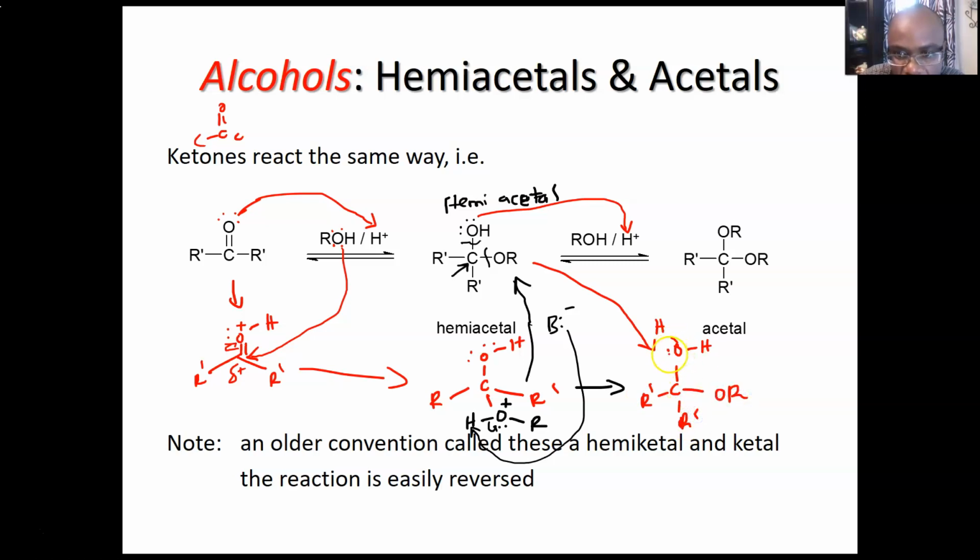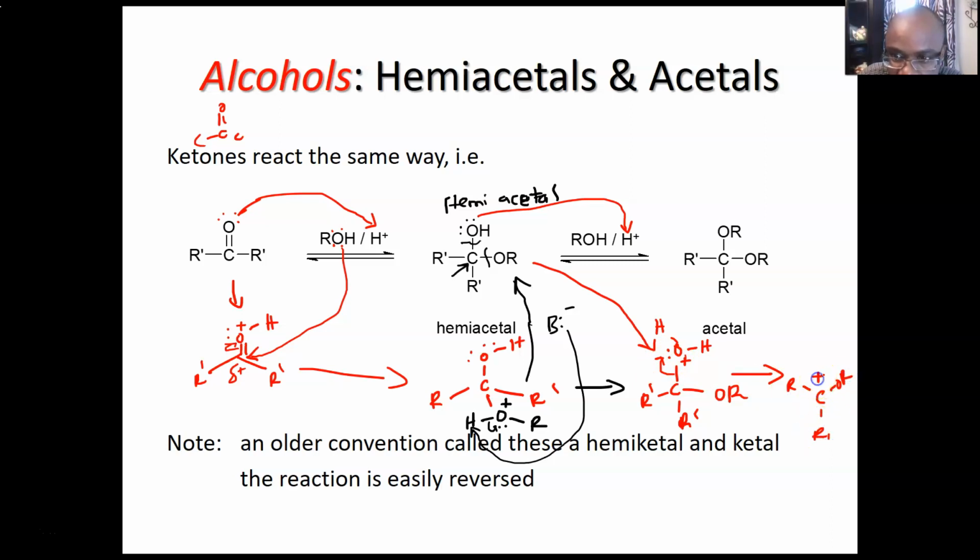So we don't want it to leave as OH minus. We want it to leave as a neutral molecule, in this case water. So it accepts the hydrogen, it used its lone pair, the oxygen gets the plus, and now we can lose the whole thing as water. So you get your carbocation intermediate.